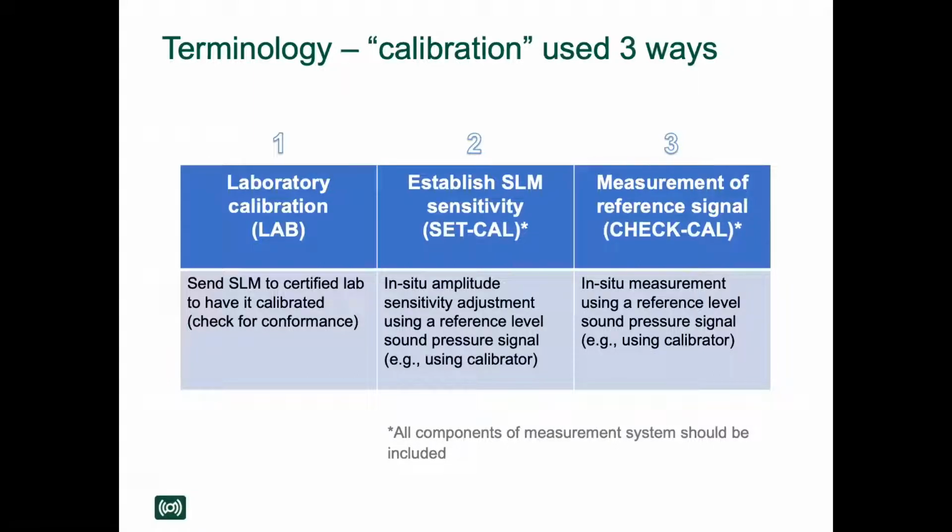For the set cal and check cal, all of the components of the measurement system should be included. This includes things such as the microphone, preamp, sound level meter, interconnecting cables, signal conditioning components, and audio recorders.